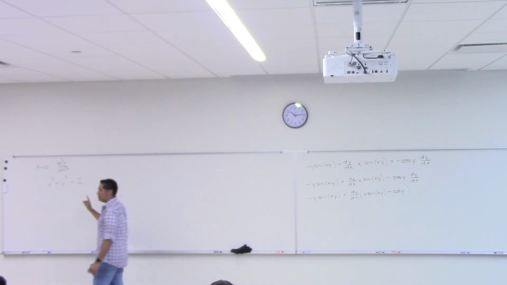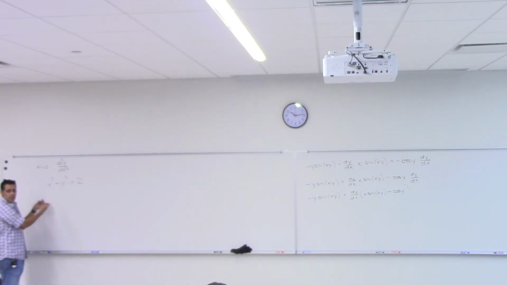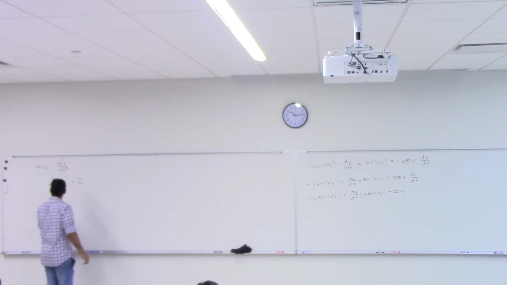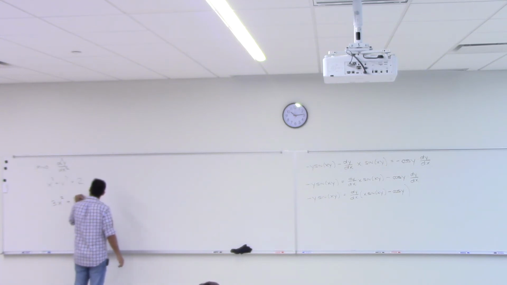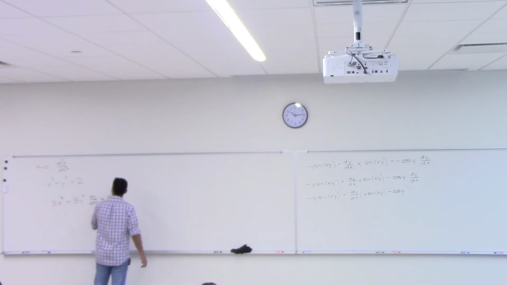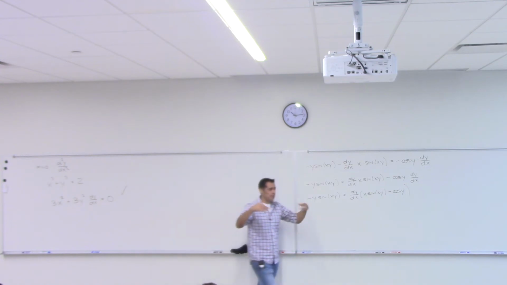This is going to be a little different. First thing I'm going to do is take the derivative with respect to x, which we've already done, so we get 3x squared plus 3y squared times dy/dx equals 0. We're all okay up to this point? That was just me doing the derivative with respect to x.